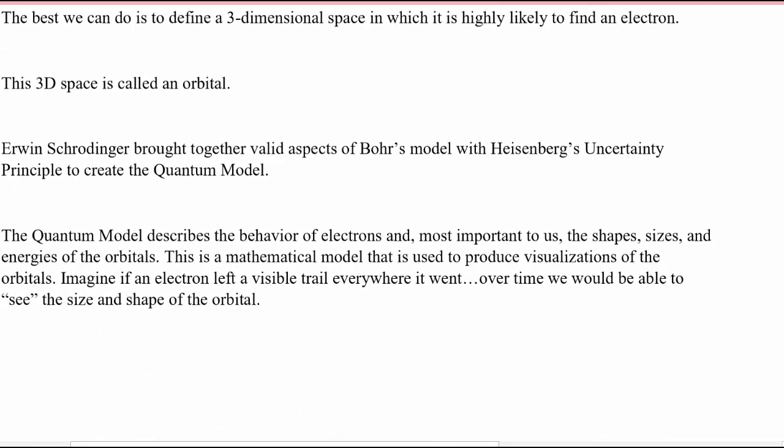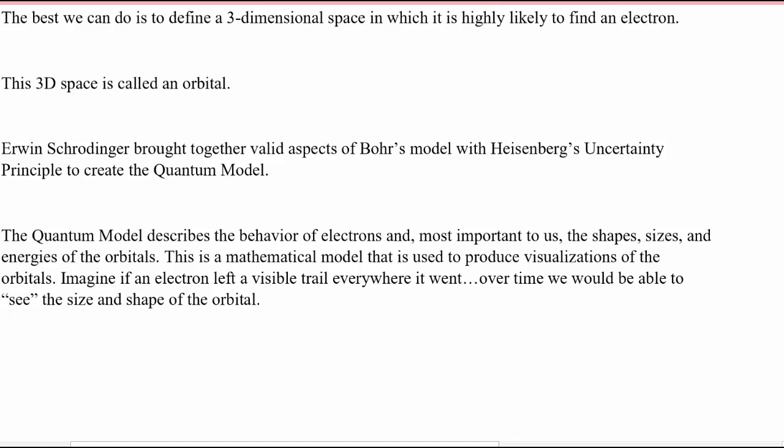Think back to our analogy of the flies in the shed. The orbital is kind of like the shed. It's our space, and we are highly likely to find the electron in that, but we don't know the exact location of where it is within that.